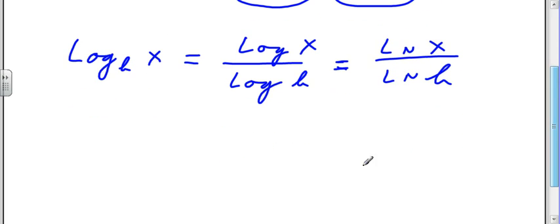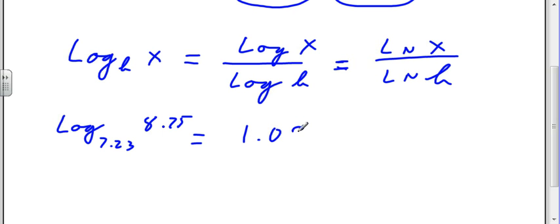So if I have log base 7.23 of 8.75, and I put in my calculator log 8.75 divided by log of 7.23, I end up with 1.0964568829.